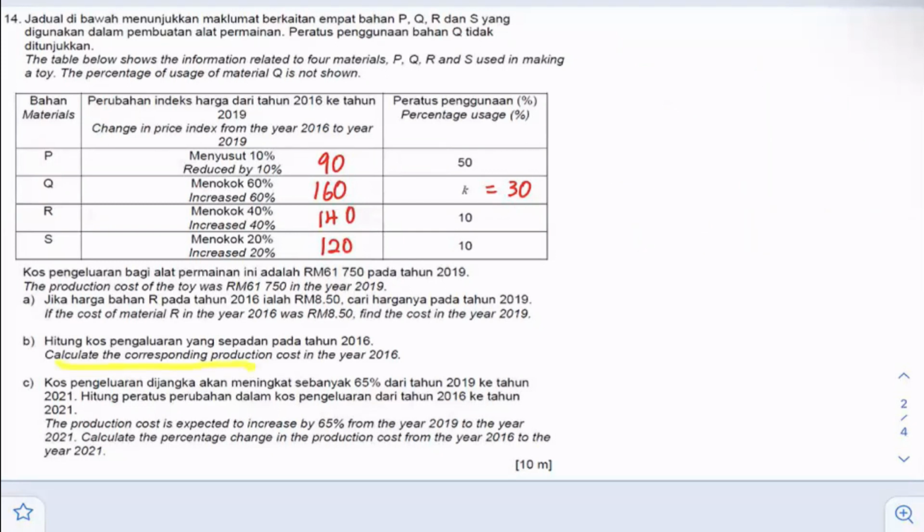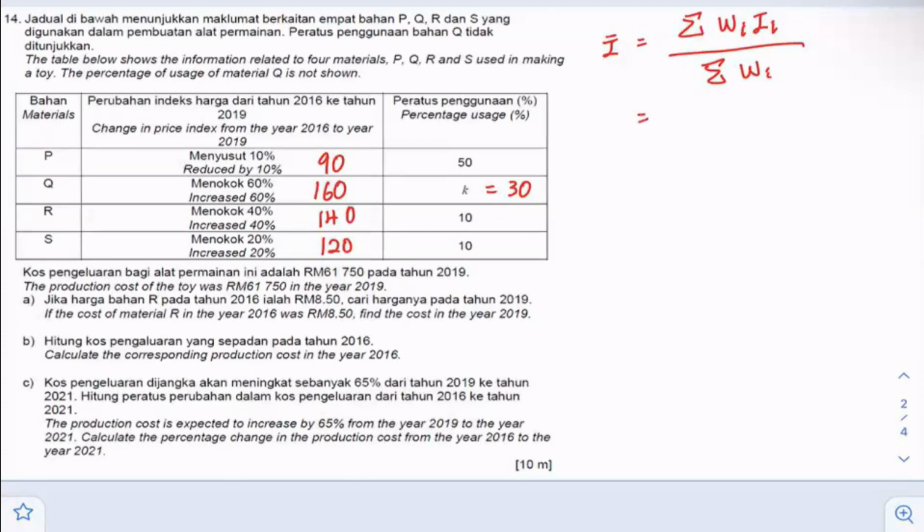Next, calculate the corresponding production cost in the year 2016. The production cost in 2019 is 61,750, and this is the production cost of the toy, which is the overall cost. So we have to use the composite index. We need to find the composite index, equal to the sum of weightage multiplied by the corresponding index, divided by the sum of weightage.